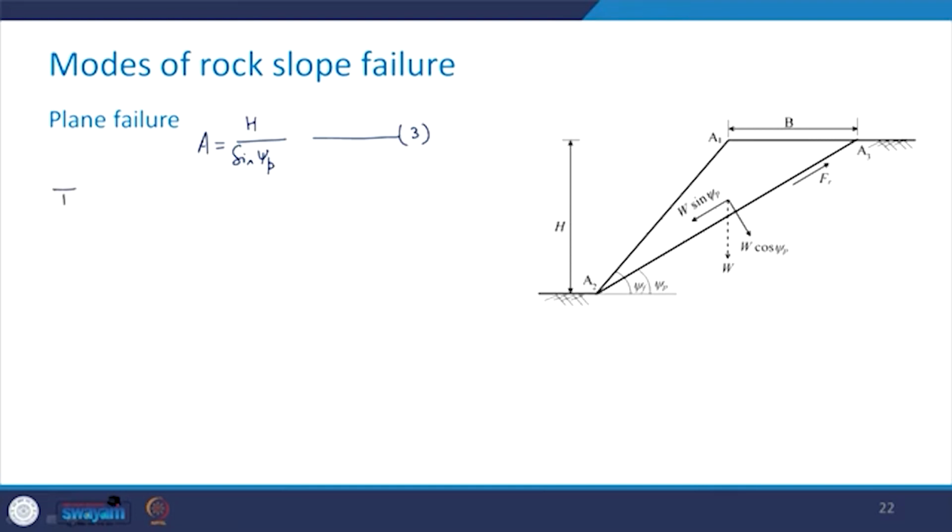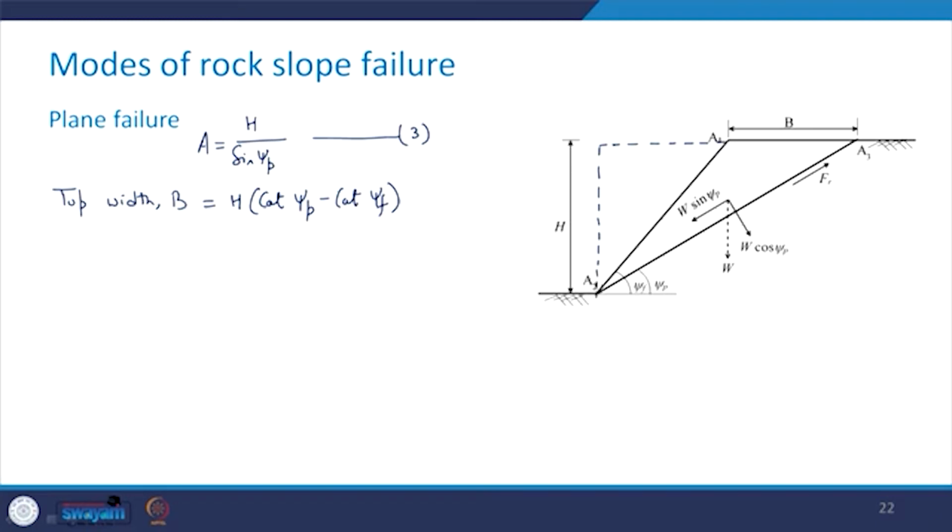Now, the top width, which is B here, this will be H times cot of psi p minus cot of psi f. See here, I can extend this line and drop a vertical line from the point A2.